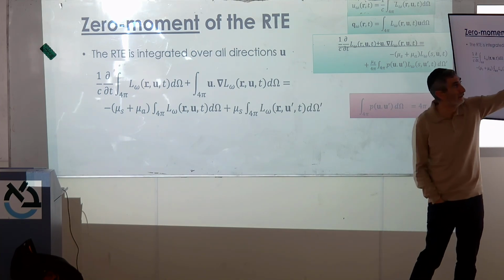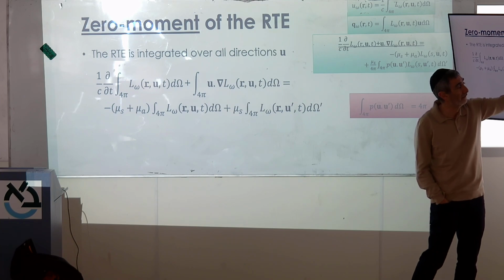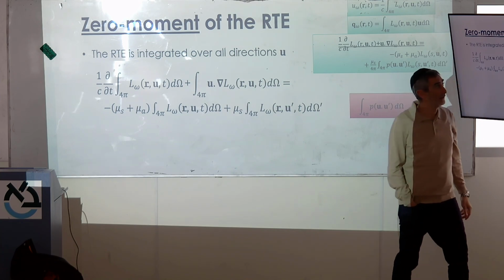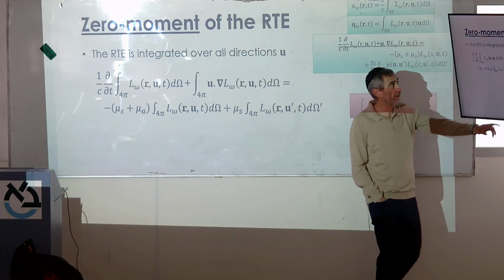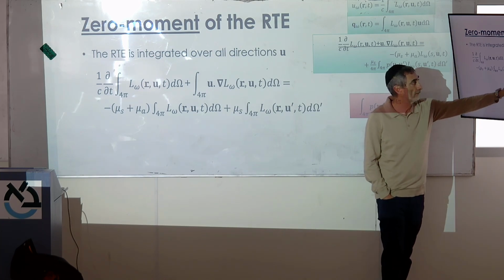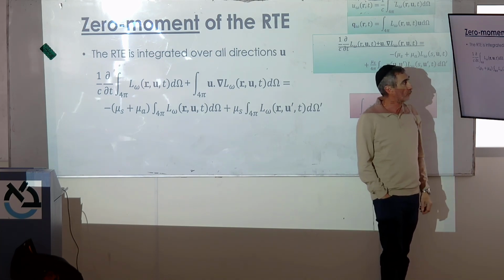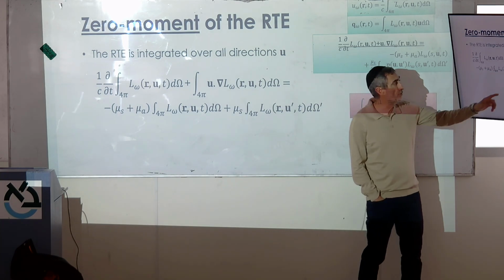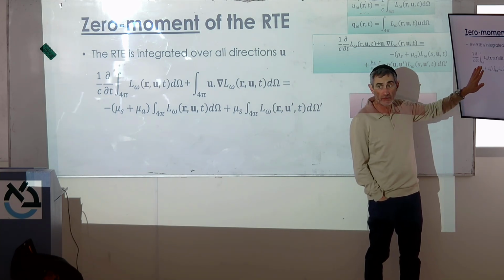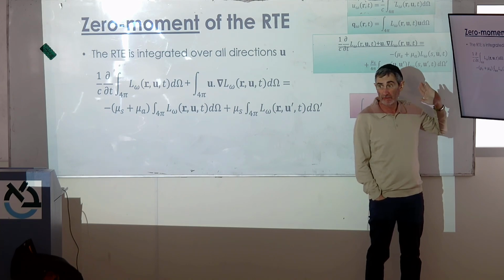So the 4π will cancel here, this term disappears, and you end up with μs times the integral of L dΩ', and this is the energy density. So you see something funny here: μs minus μs, so actually the scattering component disappears.